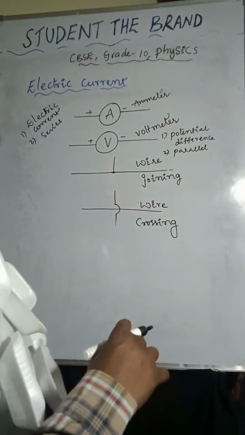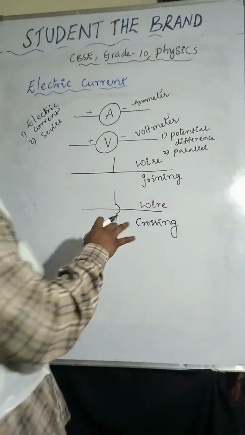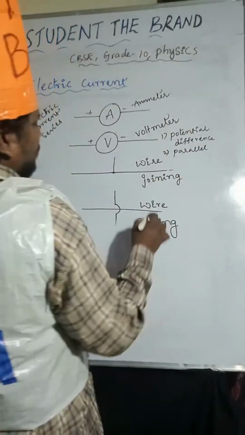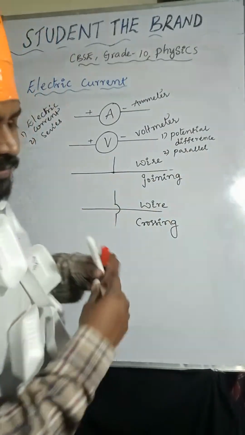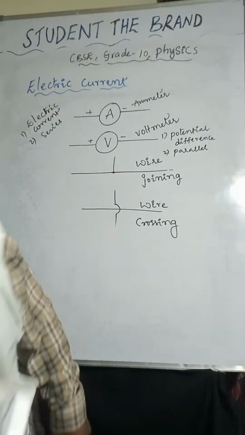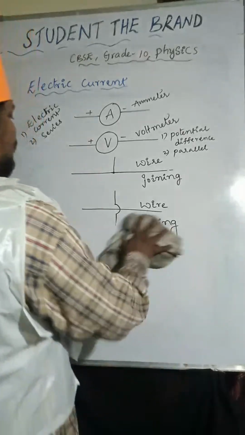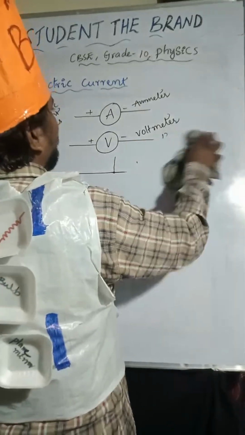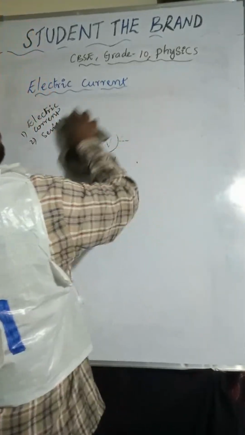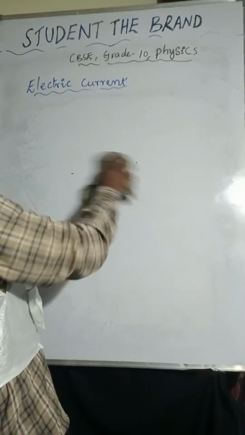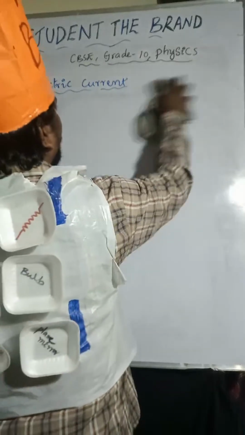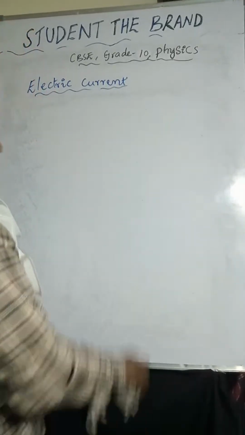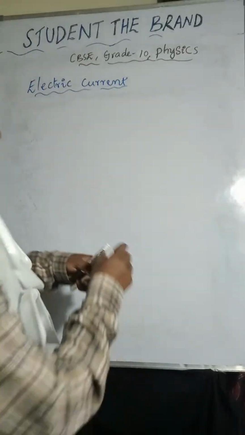Okay. Now you can observe: ammeter, voltmeter, wire joining, wire crossing. Next one, electric circuit.